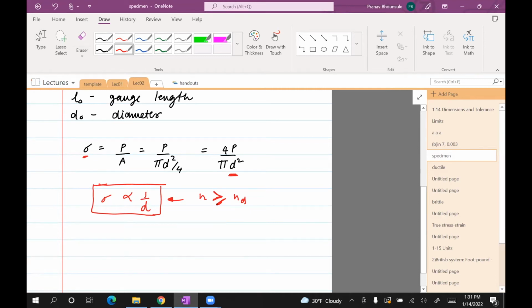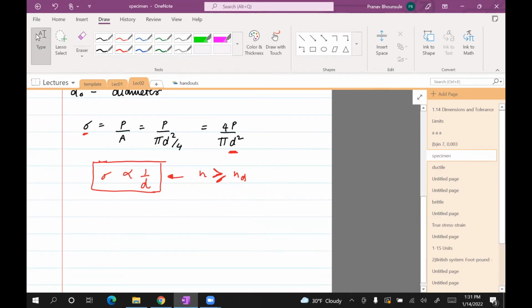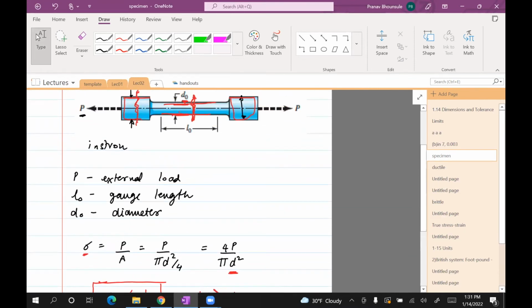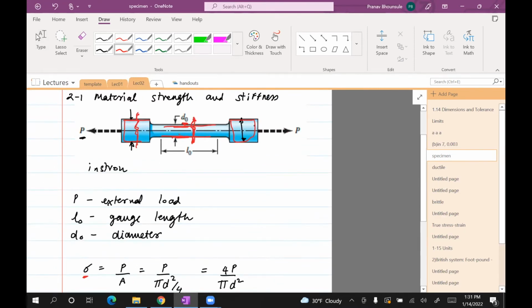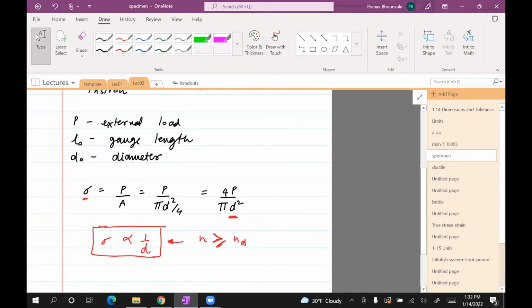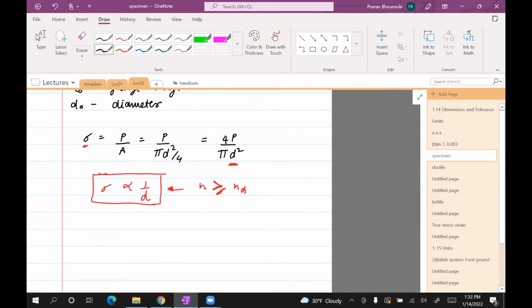Okay, so moving on to this. What happens is when you apply a force P, this specimen invariably starts lengthening, which means that this length will increase, right? So then there is a term called strain. So L is the length during loading.